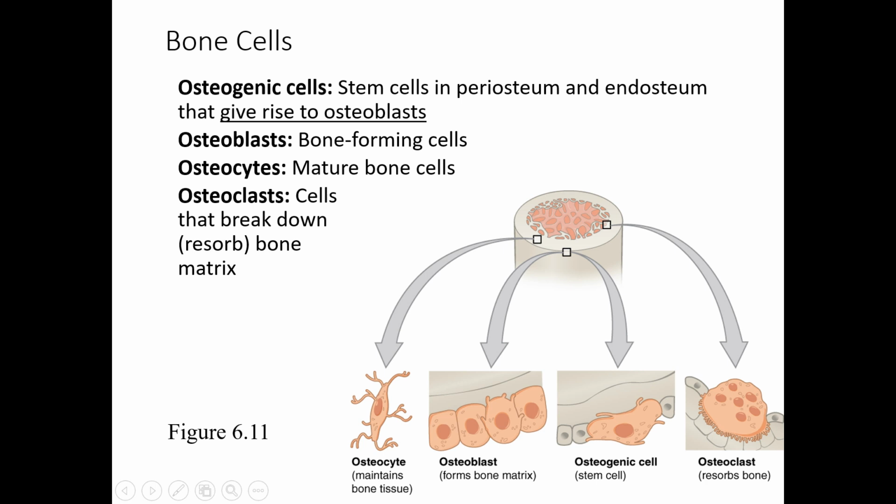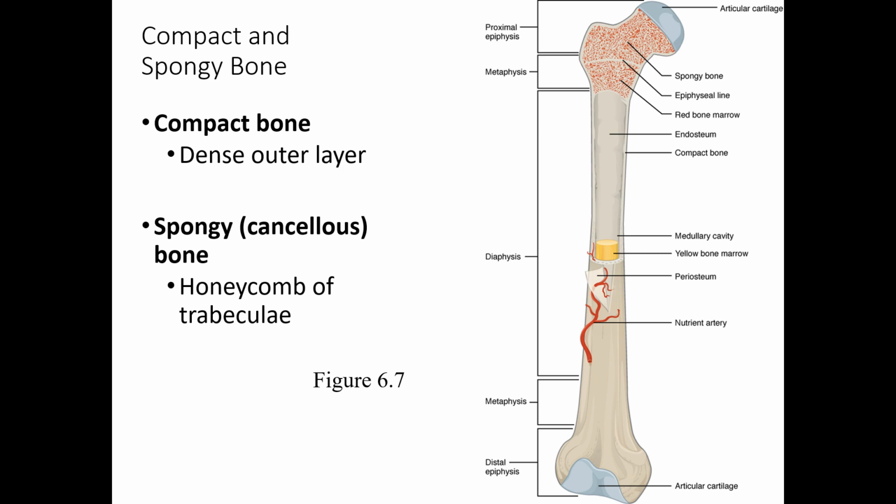Their main function is to maintain the bone tissue surrounding them. Finally, the fourth type of cells is called osteoclasts. Osteoclasts are cells that break bone, or resorb bone. What exactly that is for, to break our own bones, we'll talk about it a bit later.